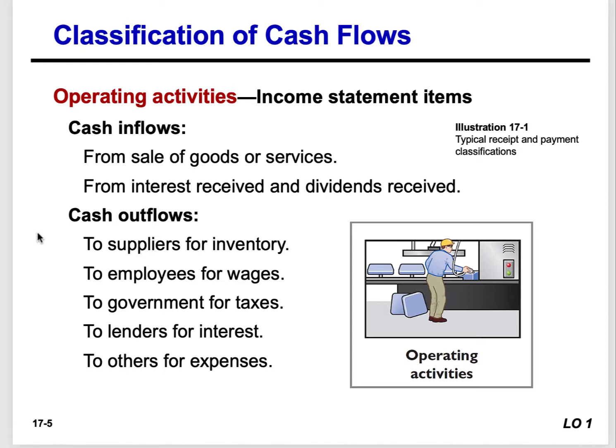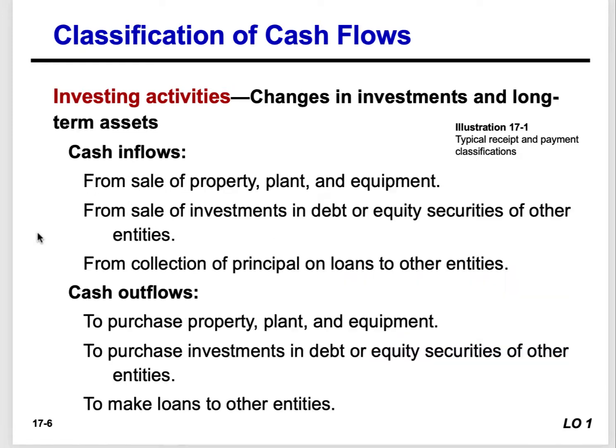It's a cash outflow, right? If we have to pay interest for lenders, that's a cash outflow, right? And any other expenses that we have from operating that company, anytime we pay cash, that's going to be a cash outflow, okay?